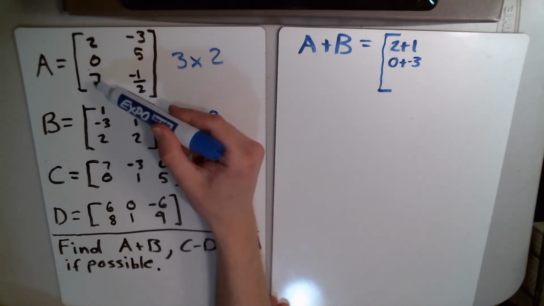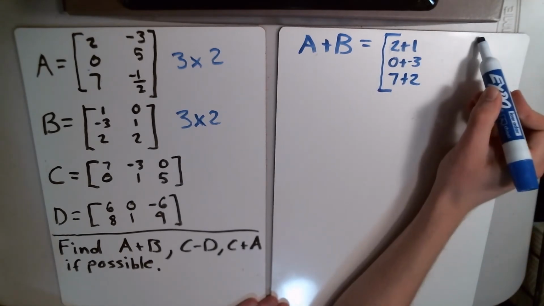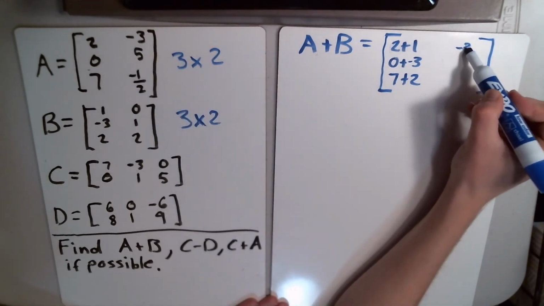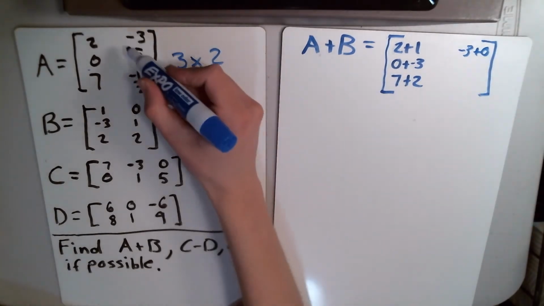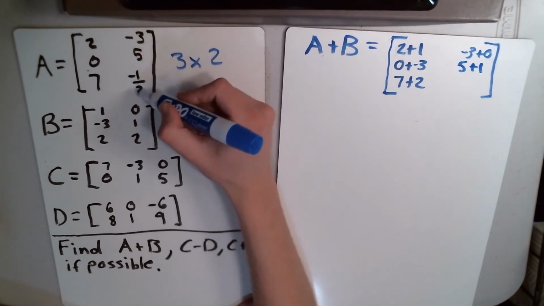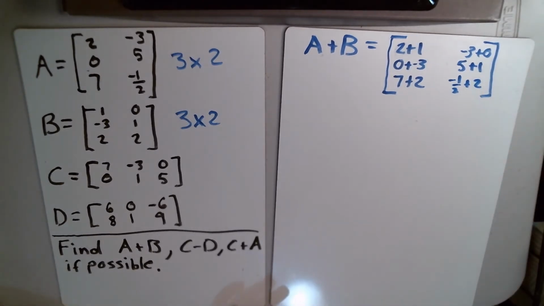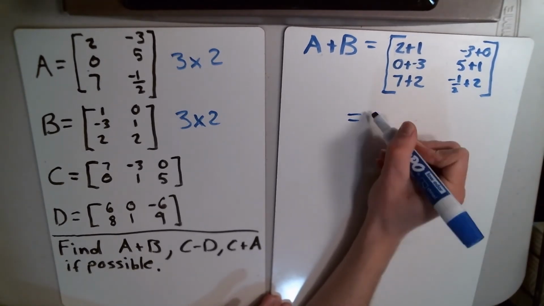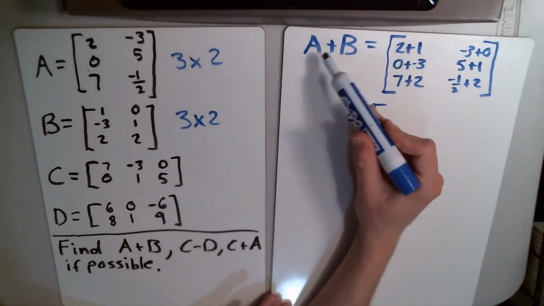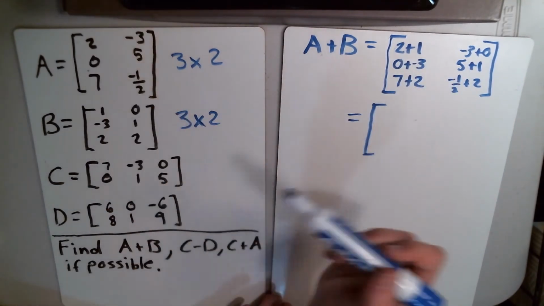Then for the third entry, we do 7 plus 2. Keep doing the same thing: negative 3 plus 0, 5 plus 1, and then negative 1/2 plus 2. When I do this out, I get a matrix that's the same size as both of these individual matrices, but with the sums of their entries.